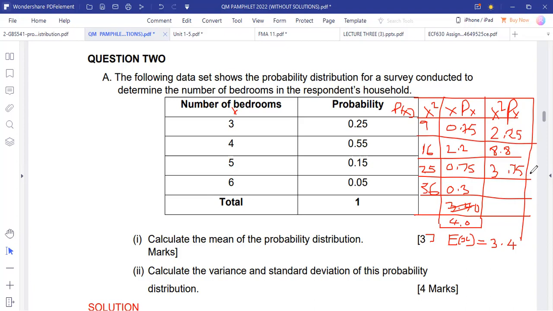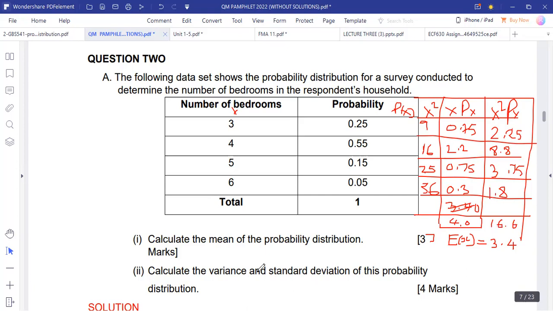What do we get? 1.8. So when we add all these, 1.8 plus 3.75 plus 8.8 plus 2.25, what do we get? 16.6.